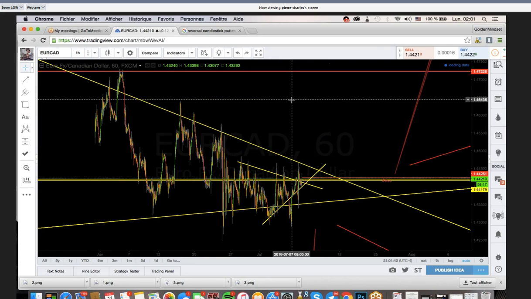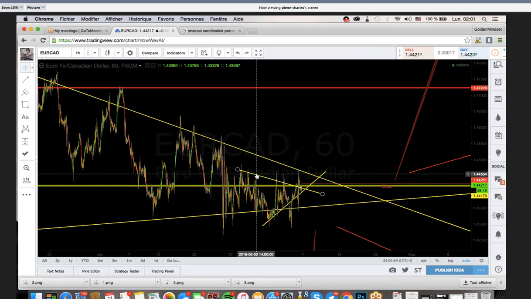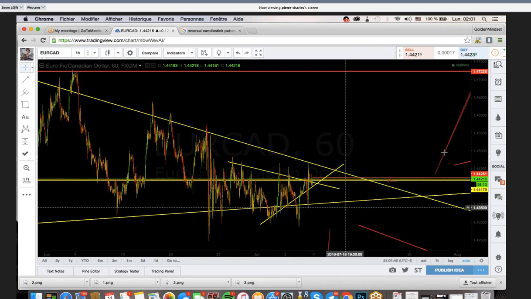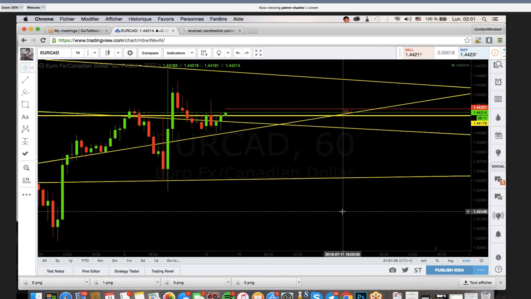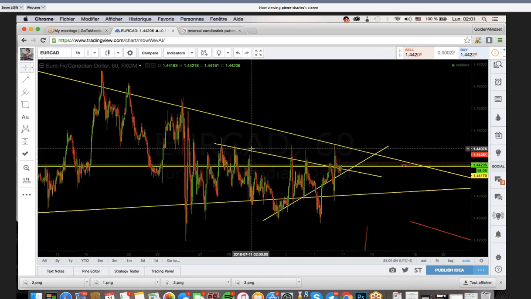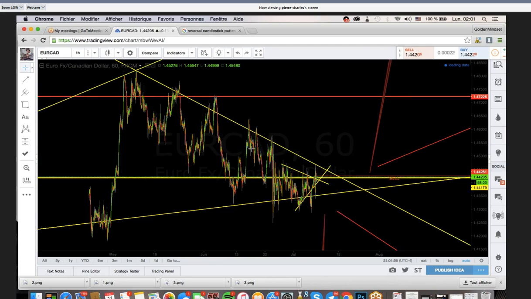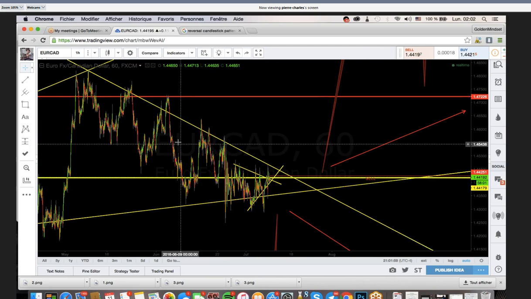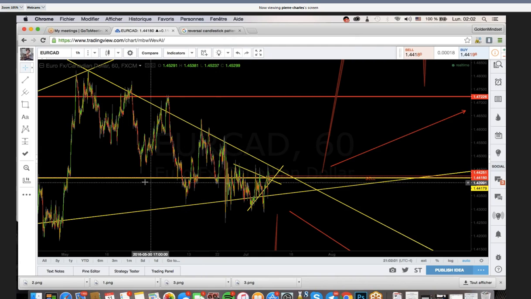And I'm pretty sure, if I remove some trend lines, if you want to make money, you should put this buy stop now, because look, if I zoom out here, we can see a triangle. It's an ascending triangle. Look, the trend line there, support level.